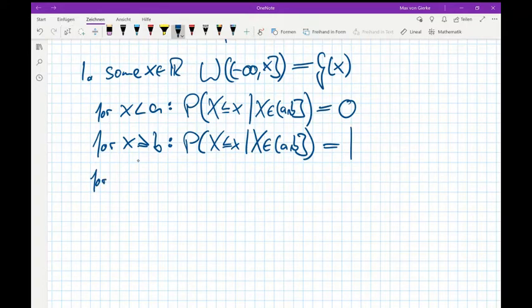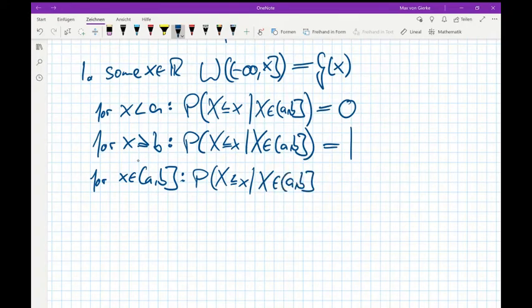For x in [a, b], what happens here? Again, we do Bayes: X conditioned on X is in [a, b].